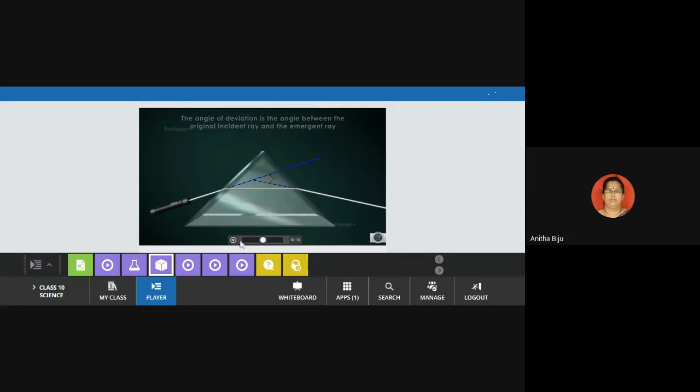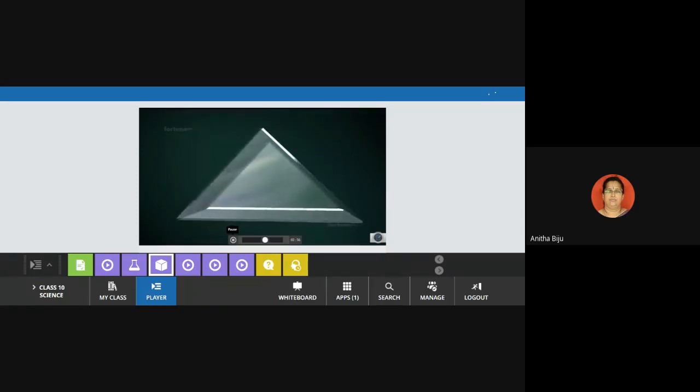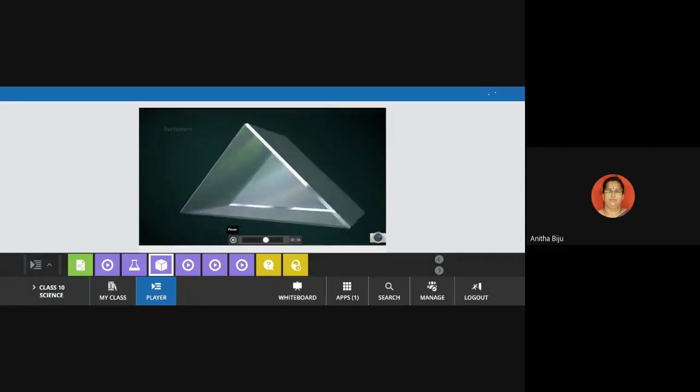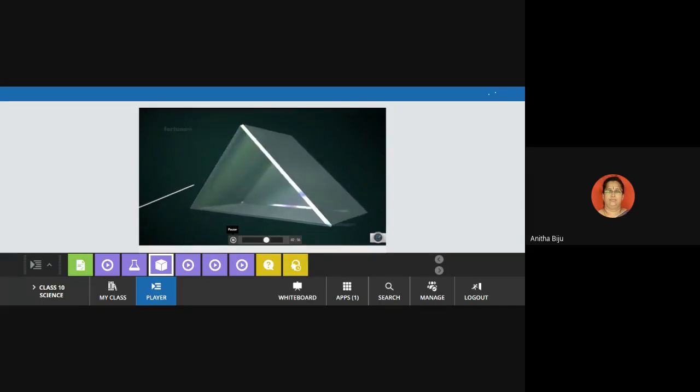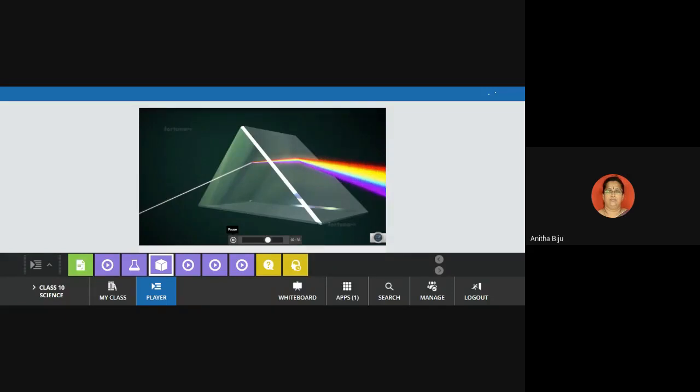Now I will continue. The angle of deviation is the angle between the original incident ray and the emergent ray. The angle of deviation varies with wavelengths of light. When a beam of sunlight is shone through a prism, the light will split into a spectrum on the underside of the prism.